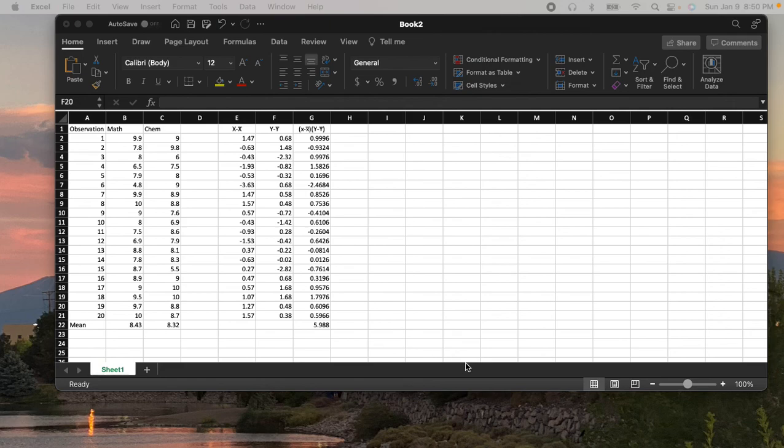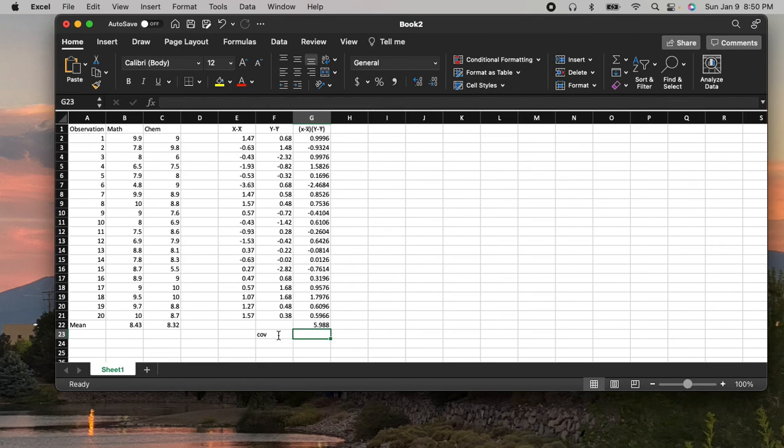Now that I have that, I need to divide this number right over here by n minus 1. So I do have 20 observations, minus 1 equals 19. So here is my covariance.